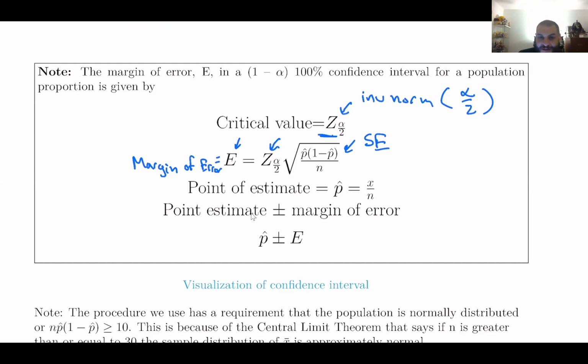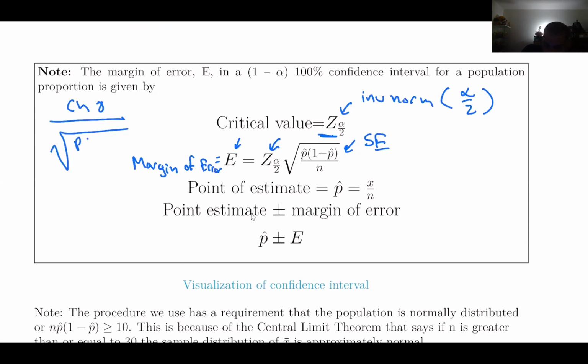The only thing that's going to happen, if you look at the formula for chapter 8 and the formula that I have here for standard error, is that it's slightly different. In chapter 8, we use the square root of P times 1 minus P divided by N. But in chapter 9, it's the square root of P hat times 1 minus P hat divided by N. In chapter 8, we knew the population proportion, but in chapter 9 we don't know it anymore, because that's what we're trying to estimate.